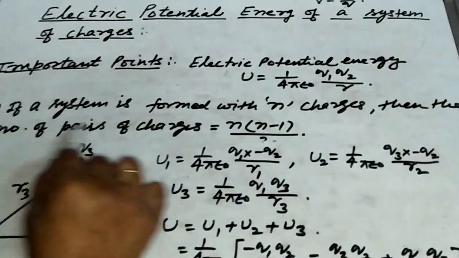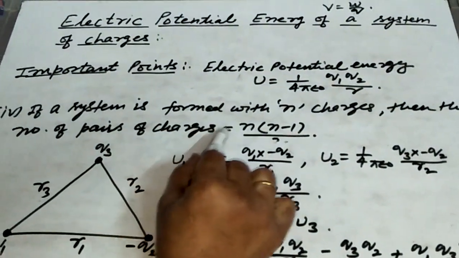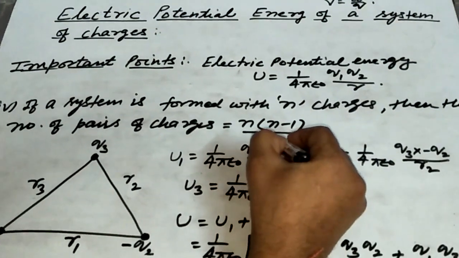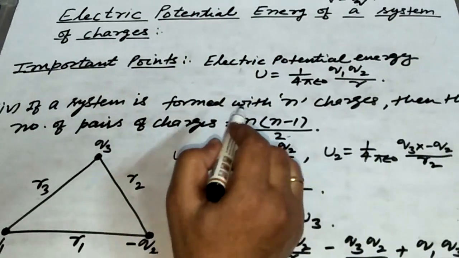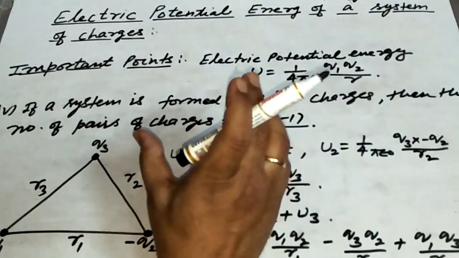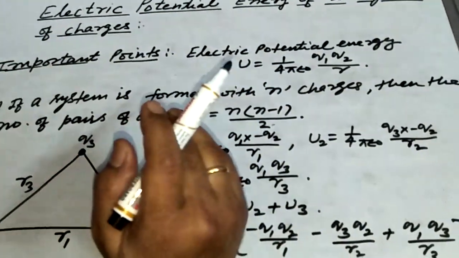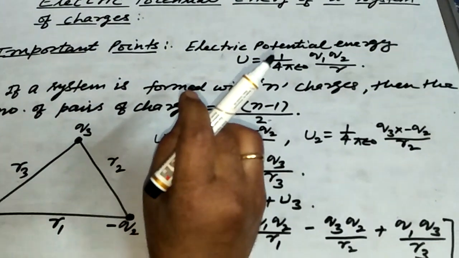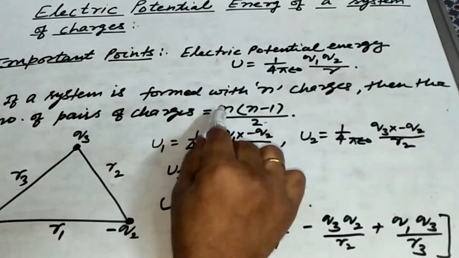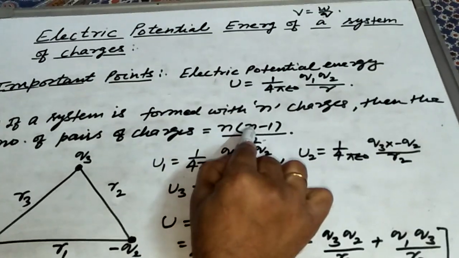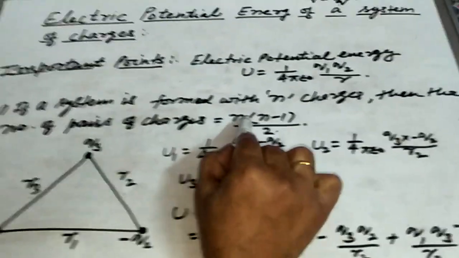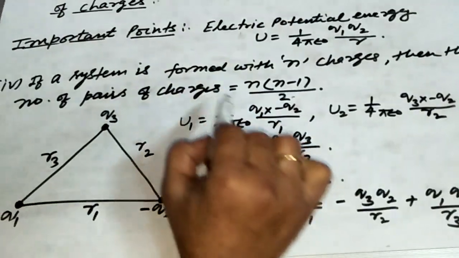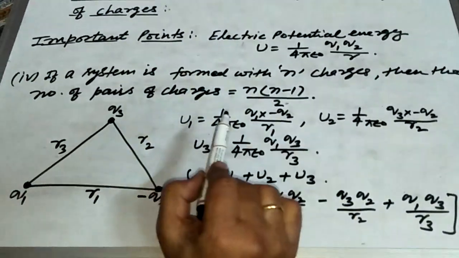Then the number of pairs of charges is equal to n into n minus 1 by 2. It means if a system contains n charges, first we will find out how many pairs will form. And how can we find the number of pairs? By using this formula, n into n minus 1 by 2, where n is the number of charges included in that system.